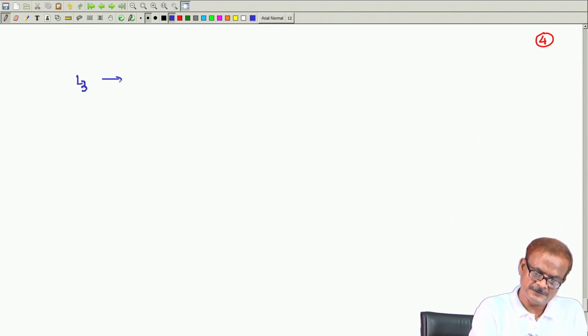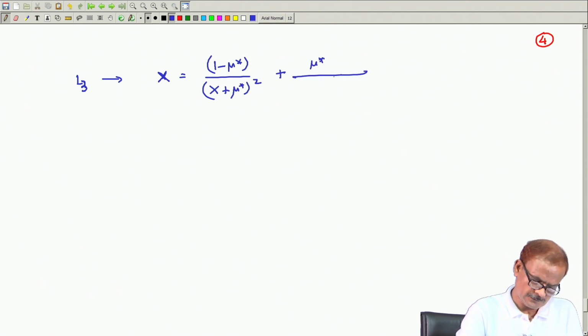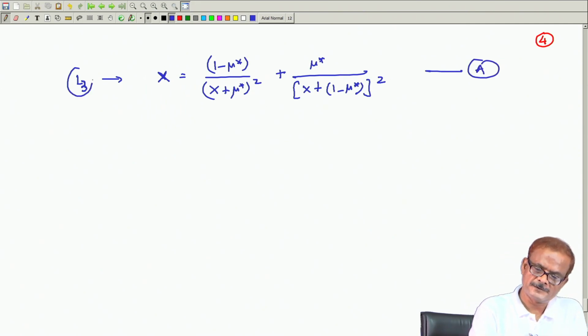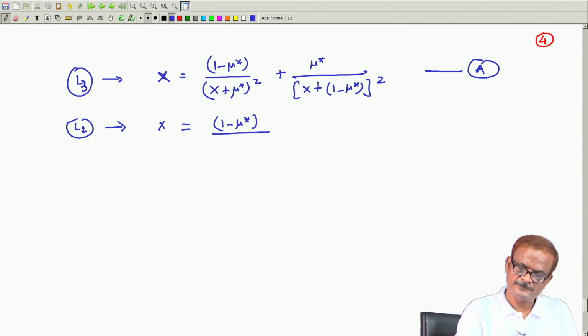So, first we list L 3: x equal to 1 minus mu star divided by x plus mu star whole square plus, and this is related to Lagrange point L 3. Then I list for L 2 where the x is written as, the numerator remains everywhere the same, only the denominator will change.